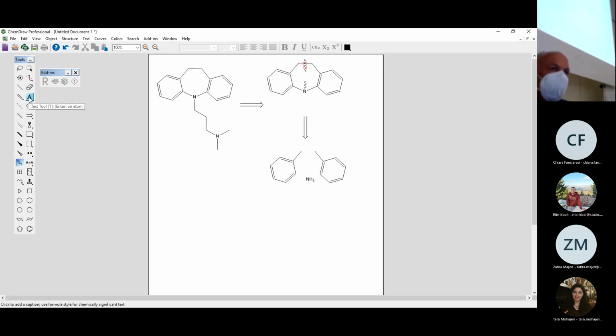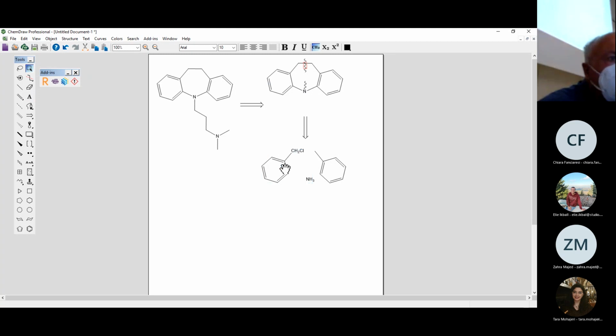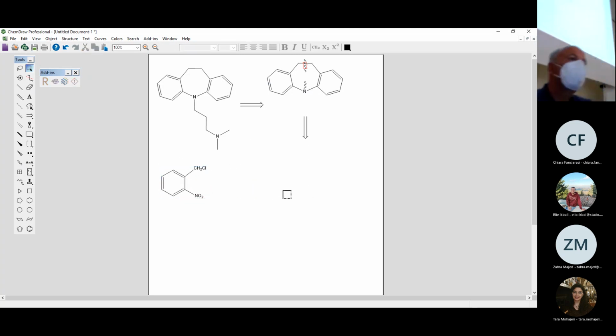This means that we can start from this compound and then here, and two moles of this one in a strong basic condition.